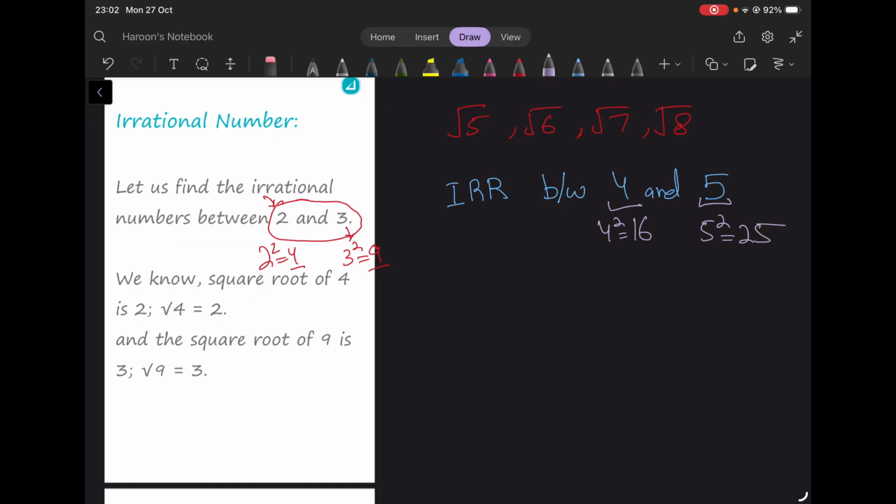All the integers, whole numbers between these two, their square roots would be your irrational numbers. So square root of 17, for example, square root of 18, square root of 19, and square root of 20, 21, 22 till 24, because the maximum is 25, and that would come out as a whole number 5. So we do not include the minimum and maximum. All the square roots of the integers between these two would be your irrational numbers.